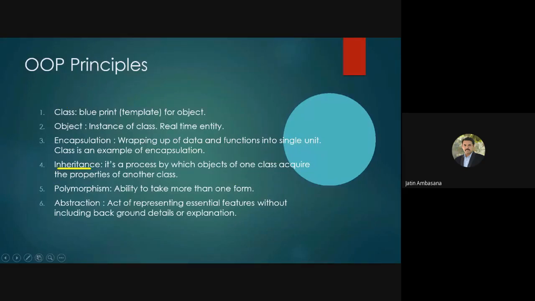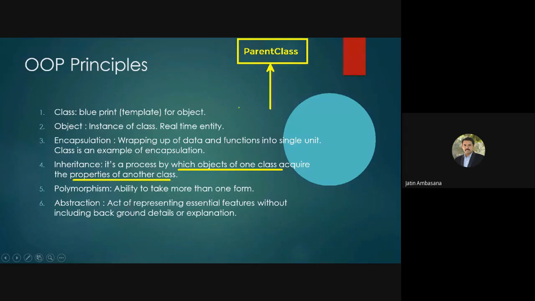And inheritance is a process by which objects of one class get the properties of another class. Suppose this is a parent class, and you inherit from it, extend from it, so you get a child class. Suppose the parent has 3 properties, and these are publicly available.